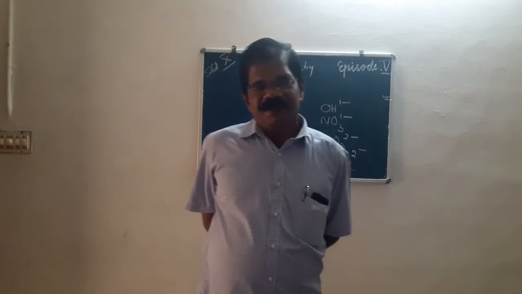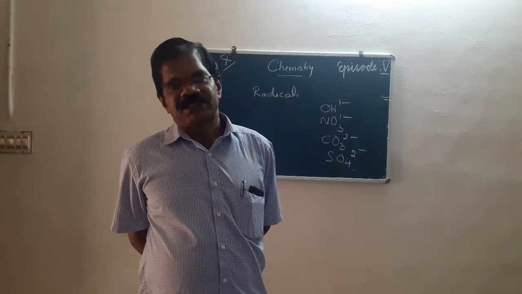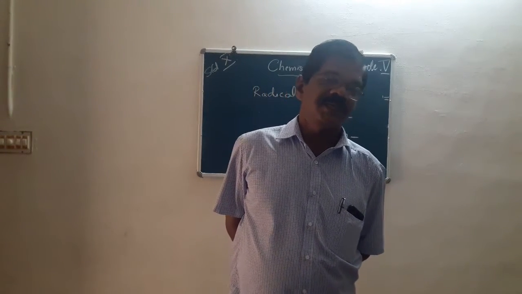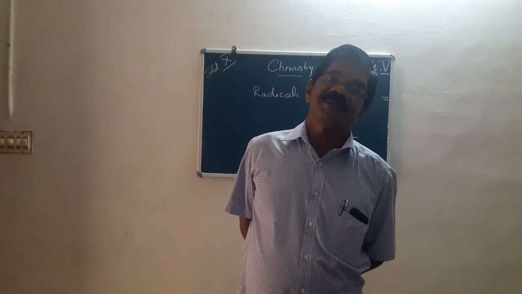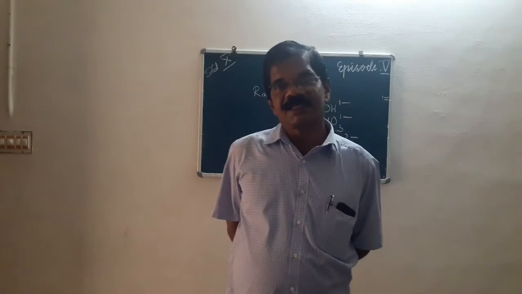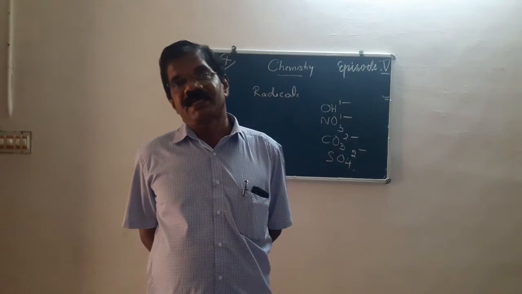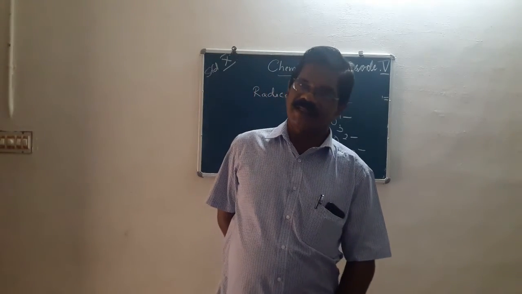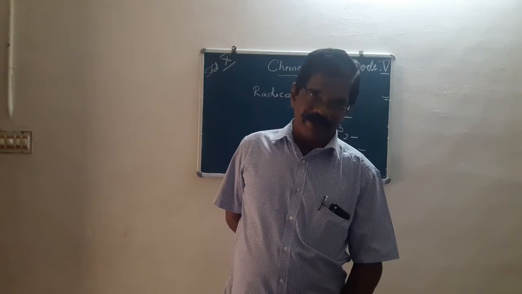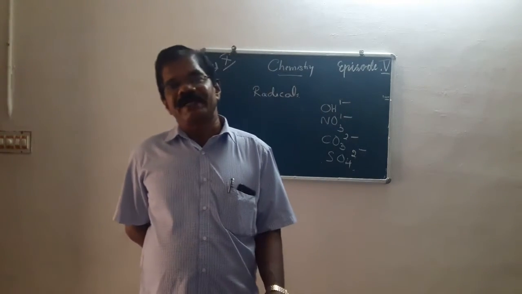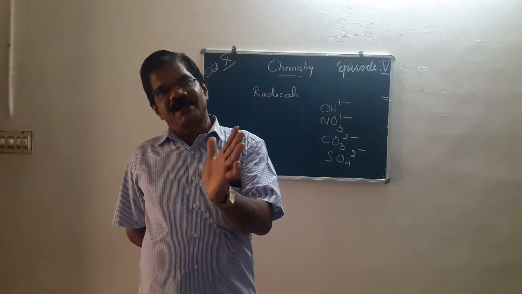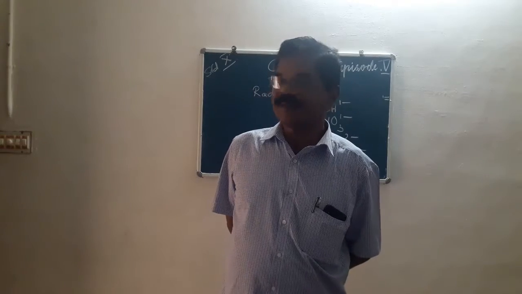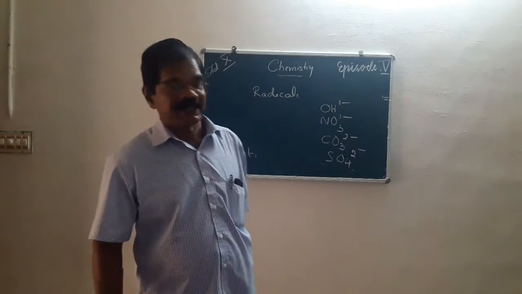The group 1 elements' valence is 1, group 2 valence is 2, group 13 valence is 3, group 14 valence is 4, group 15 valence is again 3, group 16 is 2, group 17 is 1, group 18 is 0. In between group 2 and group 13, there are the transition elements, the transition metals.